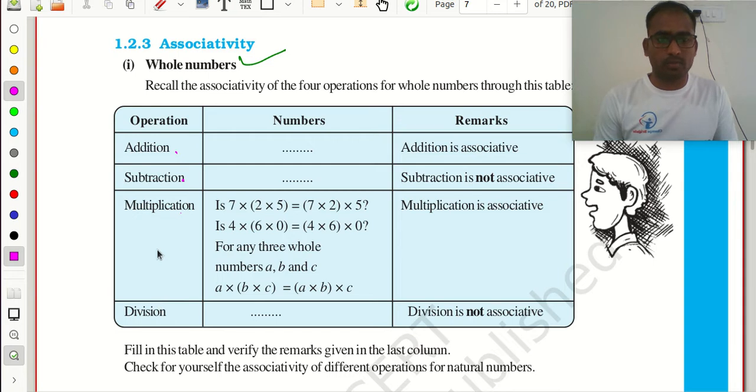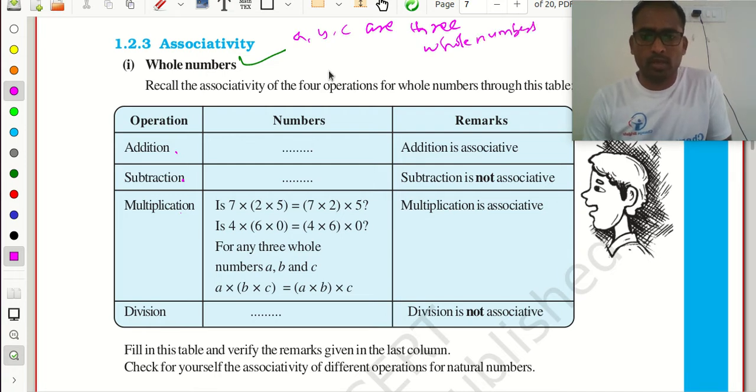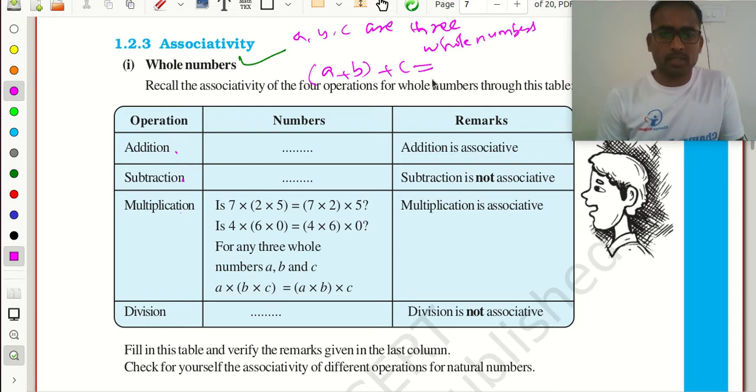If a, b, c are three whole numbers, then a plus b plus c, with the bracket around b plus c, is equal to a plus b, with the bracket, plus c.